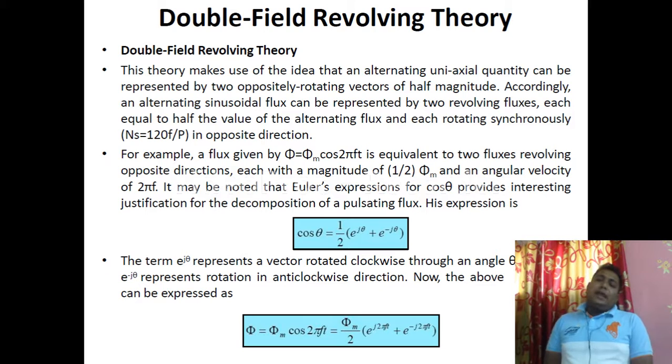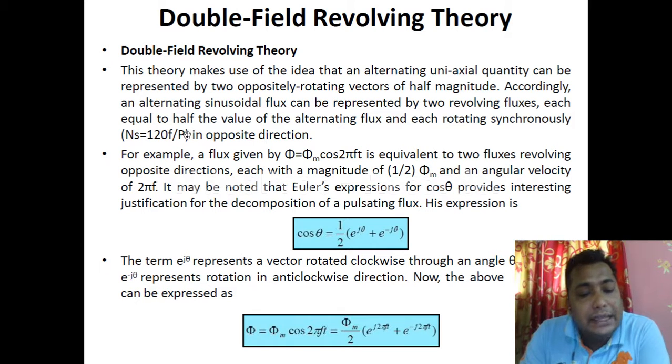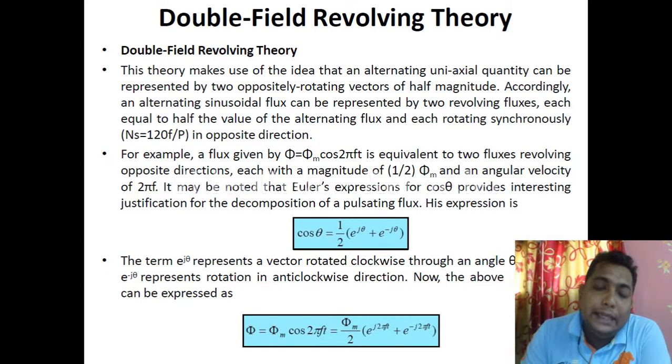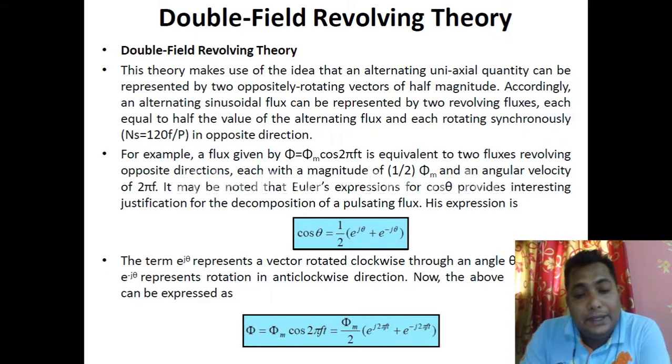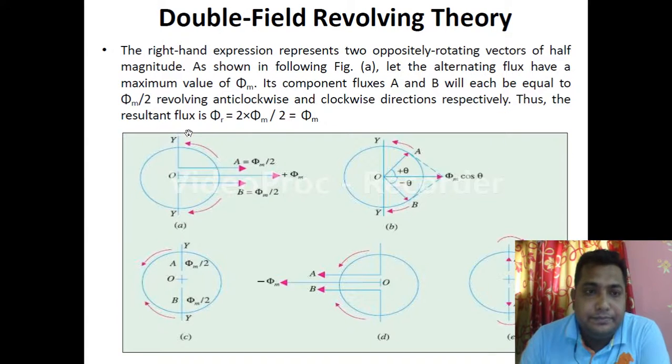Now the above flux equation can be rewritten this way. See what the expression is: phi equals phi m cos 2 pi f t equals phi m by 2 times e to the power j 2 pi f t plus e to the power minus j 2 pi f t.